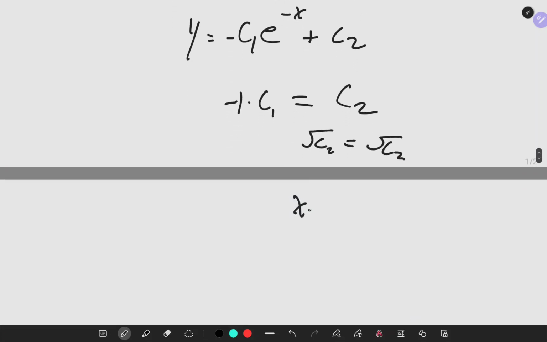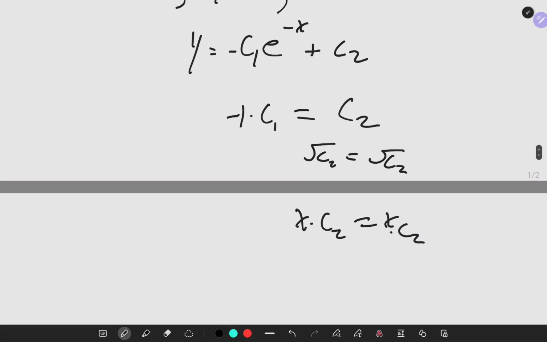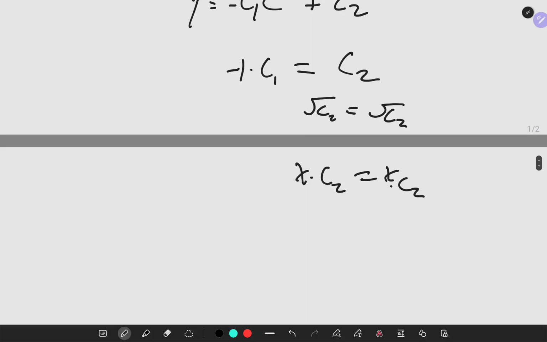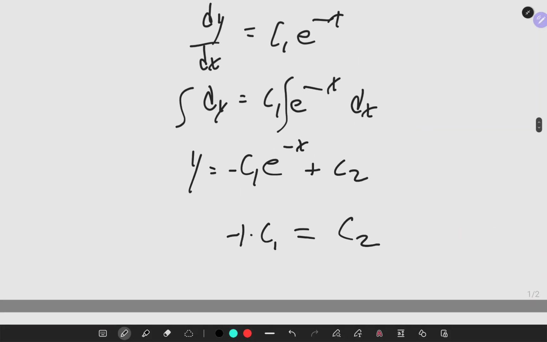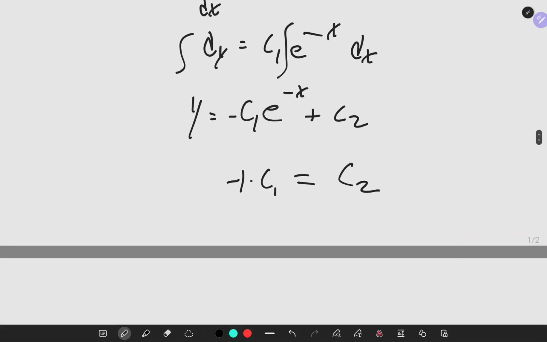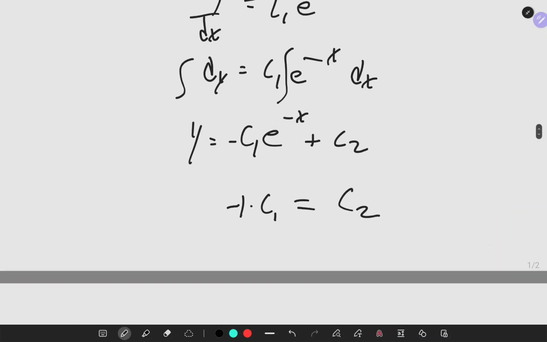If you have x times a constant, that's equal to x times the same constant. Doesn't change. But whenever you take a number and multiply or divide, it becomes a new constant. The number is going to change, right? It's going to scale. So that's going to become a new constant.